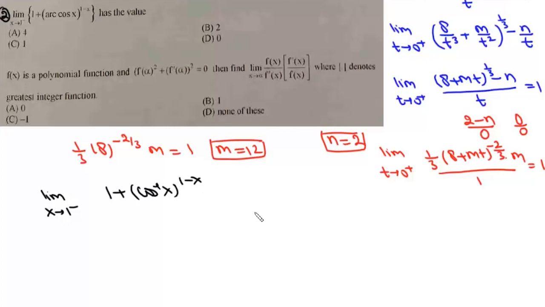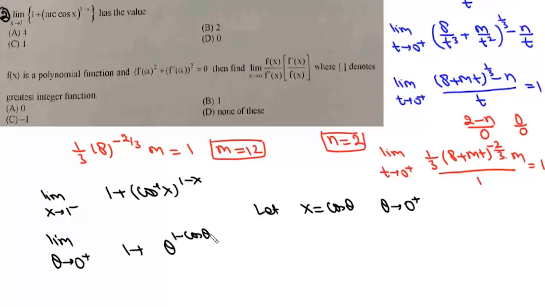Now in this, what we'll do is we'll let x as cos theta. Now when x is 1, theta is 0. So from here we can say theta tends to 0 positive. So we can write this limit as the limit theta tends to 0 positive of (1 plus theta) to the power 1 minus cos theta. Now this is 1, and here it is a 0 to the power 0 form.